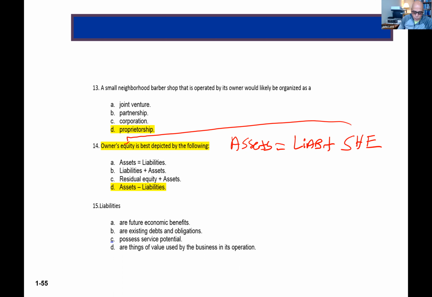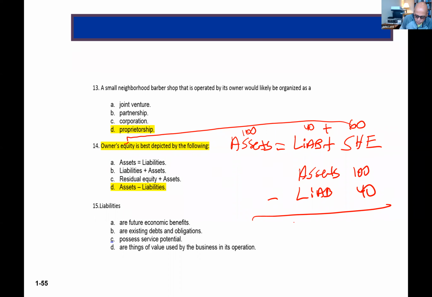So is it true that if you were to take assets of 100, and I think we said our liability, our phone bill, was 40, that means the stockholders' equity is 60, right? So is it true that if we were to take the assets of 100 and subtract the liabilities of 40, that we would be left with stockholders' equity of 60?